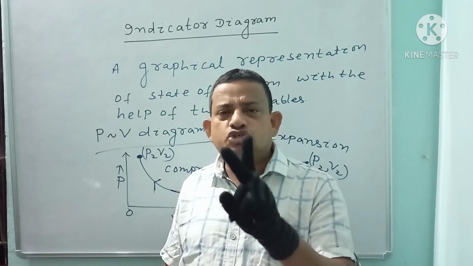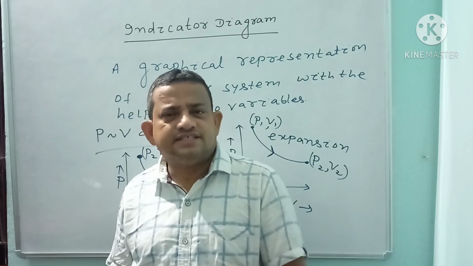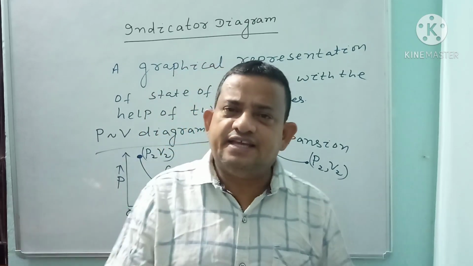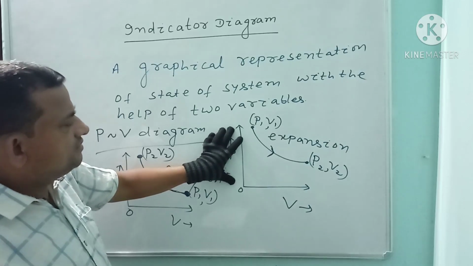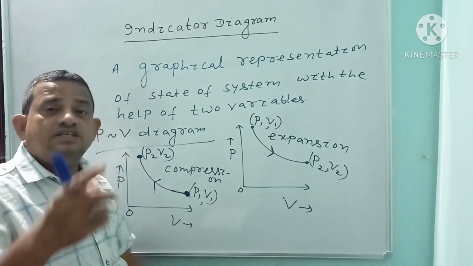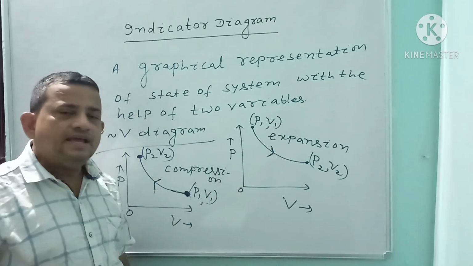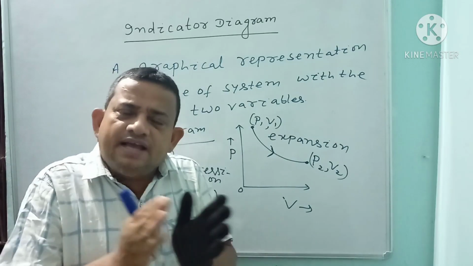One is you take slope of this graph, means change in y-axis by change in x-axis, I mean change in pressure divided by change in volume. This gives the slope. Another is area bounded by this graph.